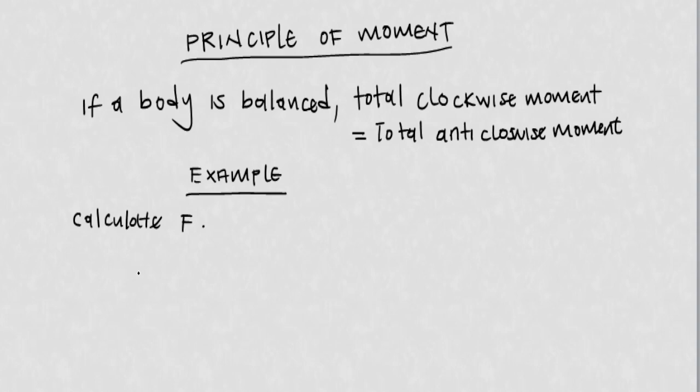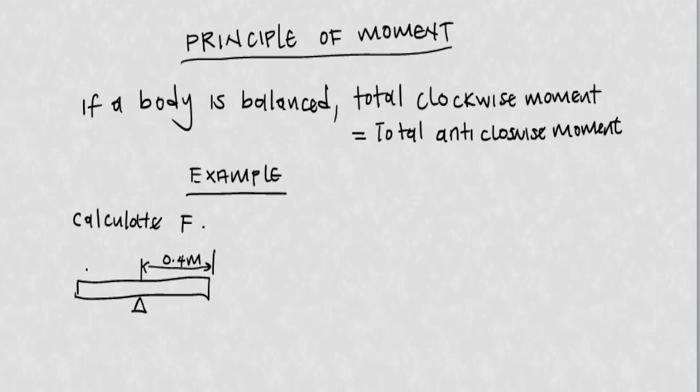We have a diagram here. The diagram is of this nature. Then we have a pivot here, somewhere here. This is where the pivot is. Then from there we have a distance from that point to that point. So this distance is 0.4 meters.